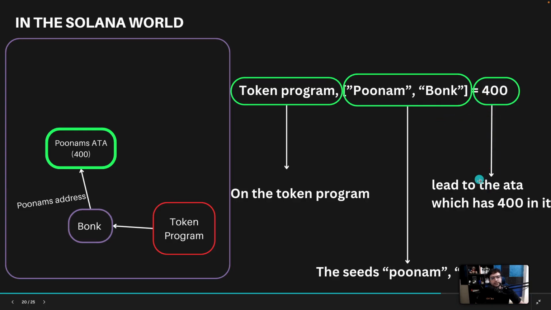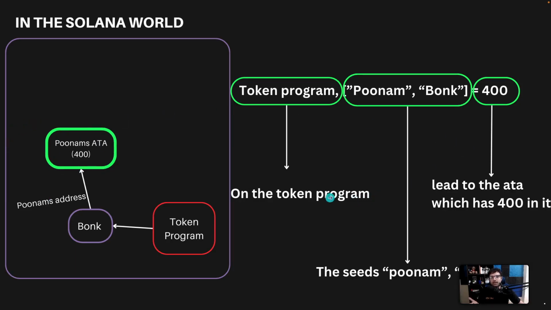Third, or the output in this case, is the PDA. This plus this is what arrives over here. This plus this is what leads to this specific account. This specific account is derived from number one, a program, its address. Number two, a bunch of seeds, let's say Bonk and Poonam. And this is what leads to the third address over here.